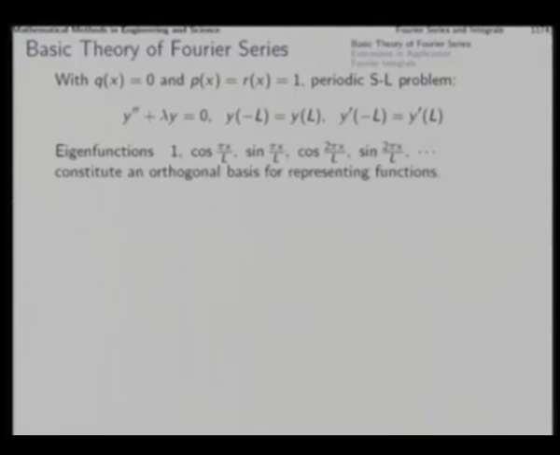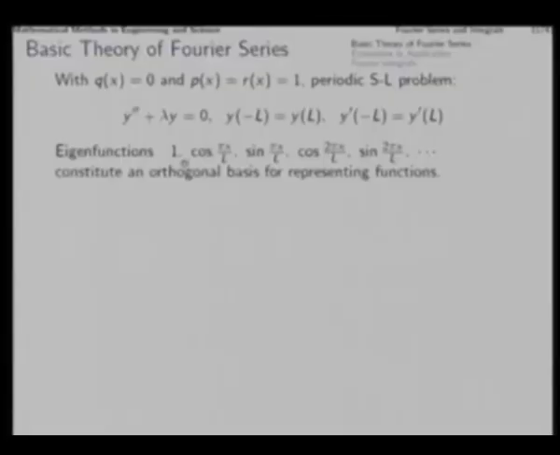Now, we can find out that eigenfunctions of this turn out to be 1, cos pi x by L, sin pi x by L, cos twice pi x by L, sin twice pi x by L, and so on. And this family of functions will constitute an orthogonal basis for representing functions. So far, so good. And this family of functions will also give us the least square approximation of functions with limited number of basis members considered, which every family of eigenfunctions of Sturm-Liouville problem must give.